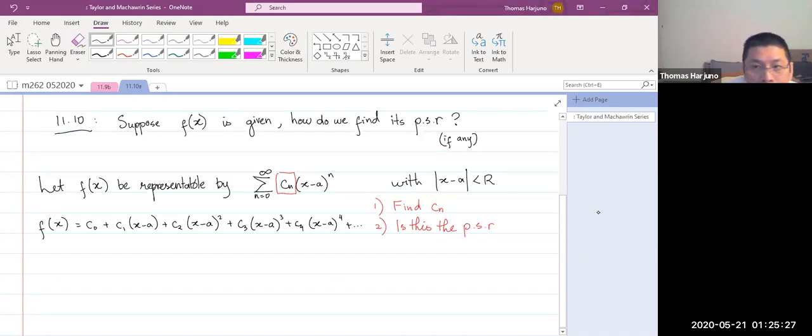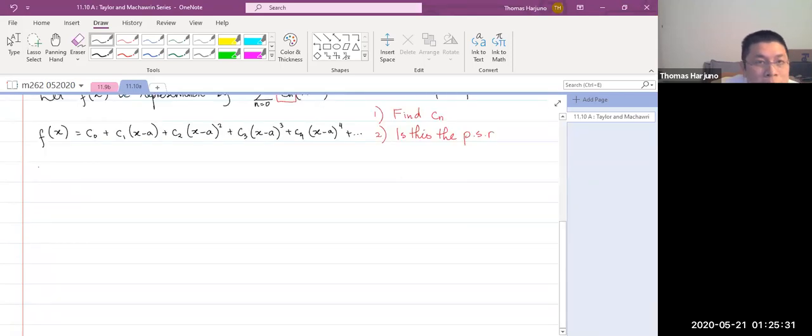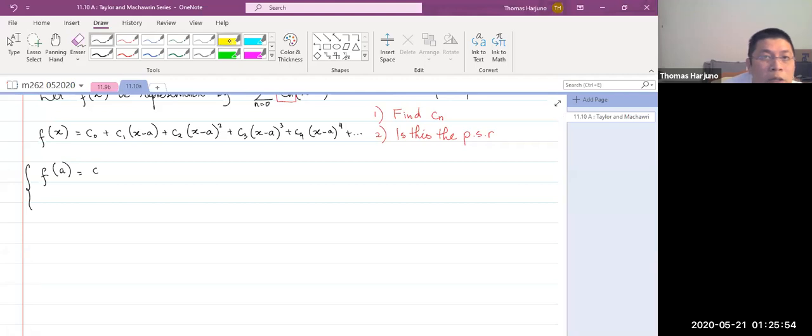From here, I will go in two directions. First, what is f(a)? When you replace x by a, you get c0 plus c1 times (a minus a), so everything here will be 0.